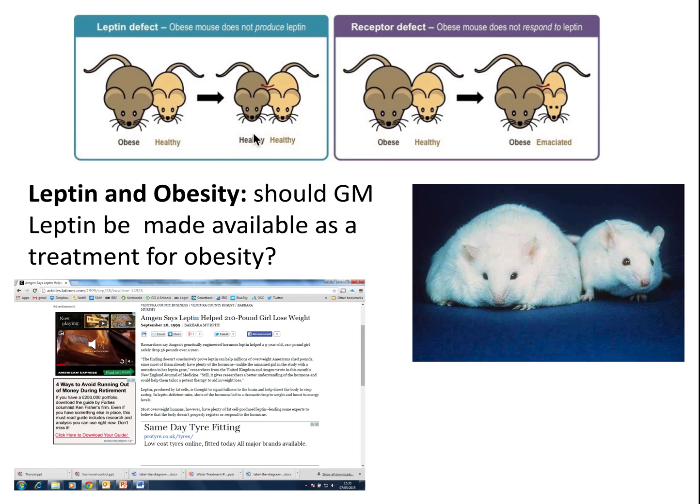From this research here, the leptin deficit, they were thinking maybe with humans this would be a good way to help with obesity. But what they found when they gave leptin to people, that it didn't actually help with their weight loss. So maybe their bodies were not being stimulated by the leptin, like their hypothalamus wasn't, to tell them to stop or to inhibit their appetite.